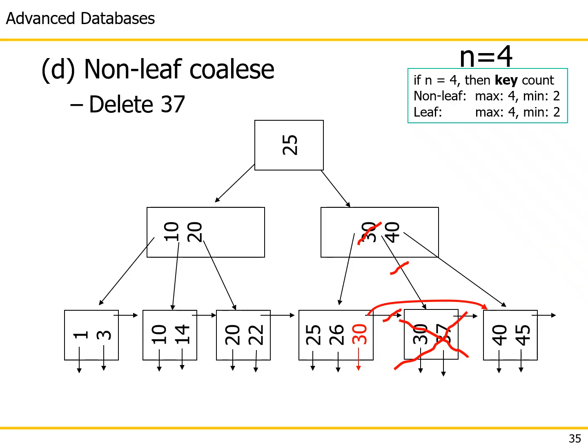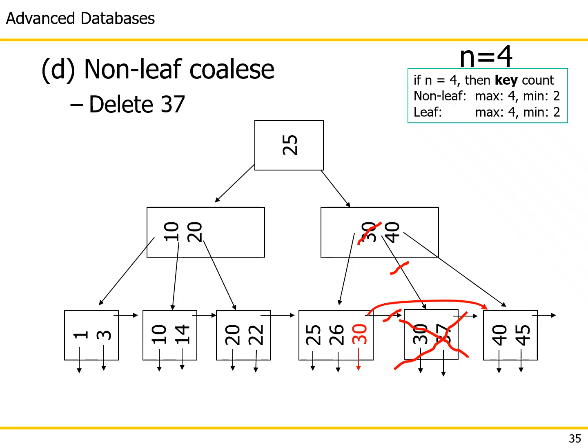And that's not acceptable because our rule is n keys and n plus 1 references. And really the issue here is that it's not just that I have n keys and n plus 2 references. There will be a node that has no associated value. That is the node that has 25, 26, and 30.